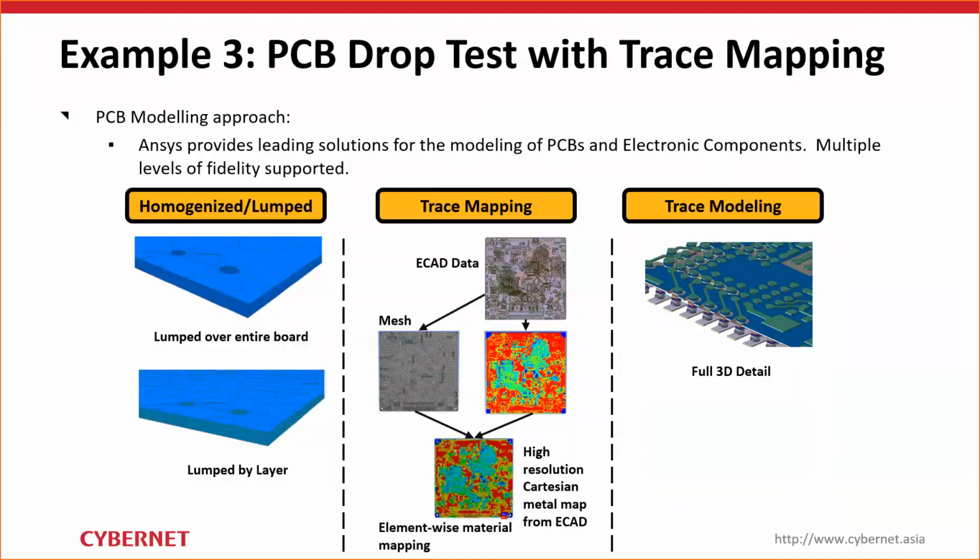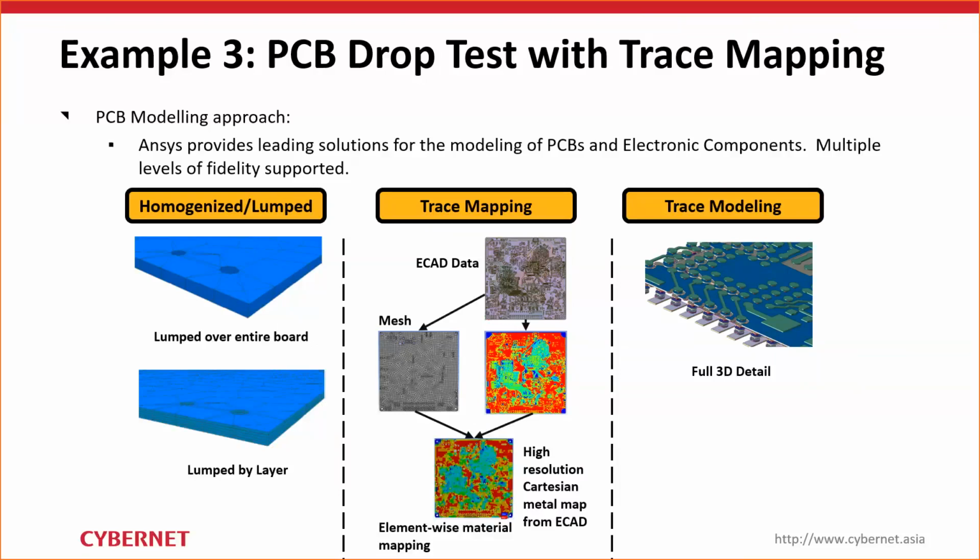Okay, now let's talk a little bit more about the trace mapping. Now, for the approach used for this particular example here, we go with the trace mapping approach. So Ansys provides a solution for modeling PCBs and electronics components with multiple levels of fidelity. So if you can see on the diagram here, you can either use the homogenized approach, where essentially you lump together the entire board and then use equivalent material properties to represent that particular PCB.